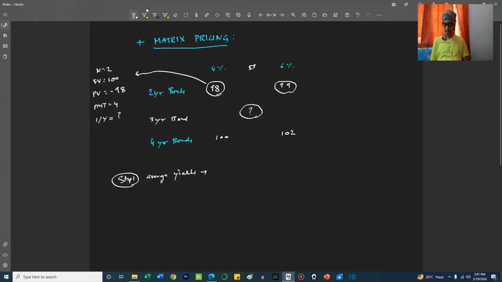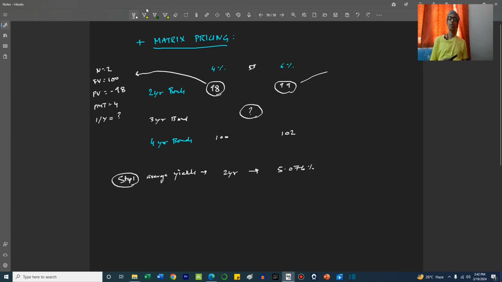PV is minus 98, FV is 100, PMT is 4, N is 2, we compute the yield. For the 2-year set of bonds, the first one is giving 5.076%.